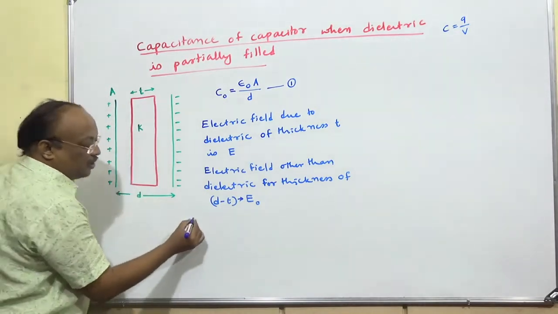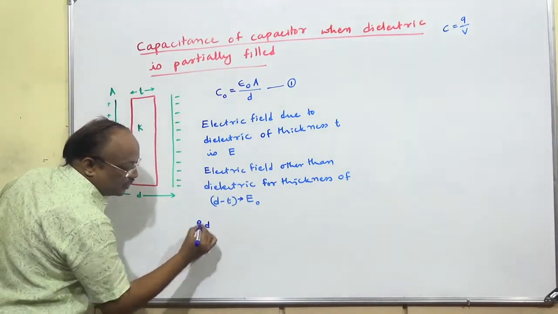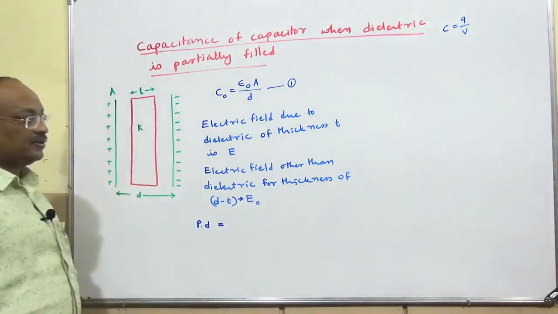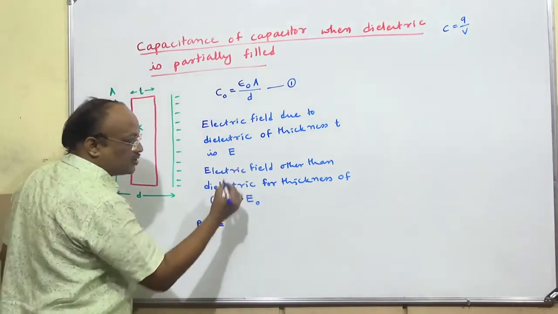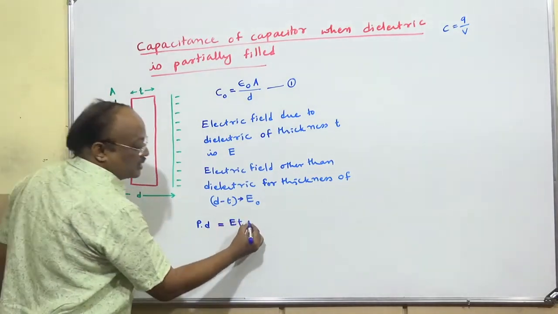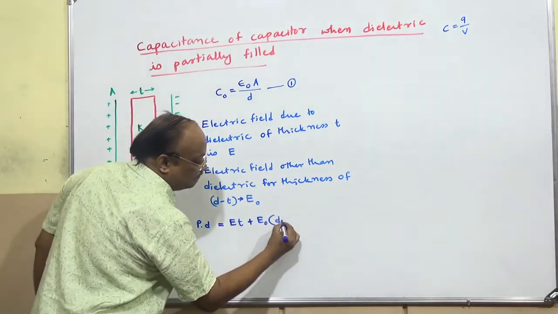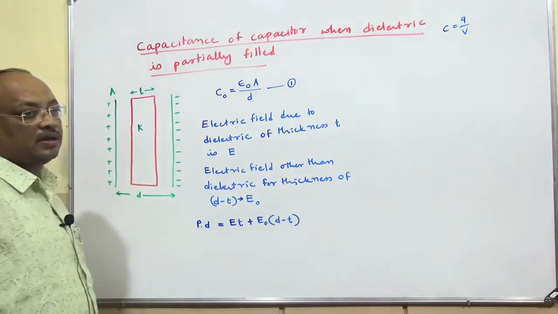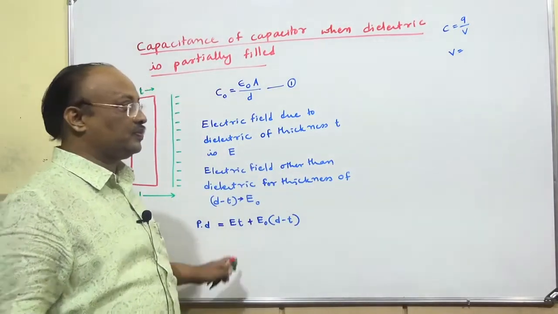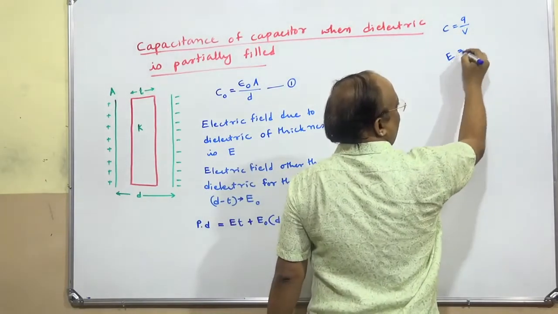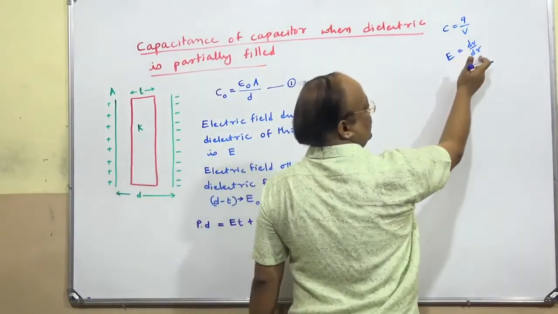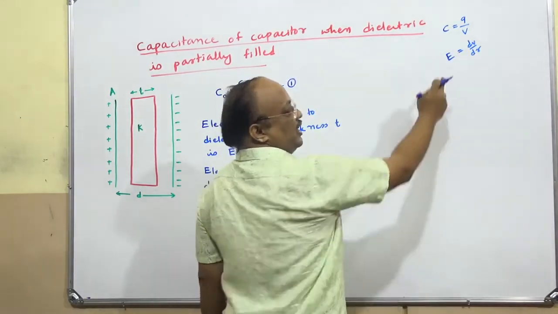So the potential difference between these two plates is E into T plus E naught into D minus T. Because the electric field is E equal to dV by dr, in the sense dV is equal to E into dr, E into distance.